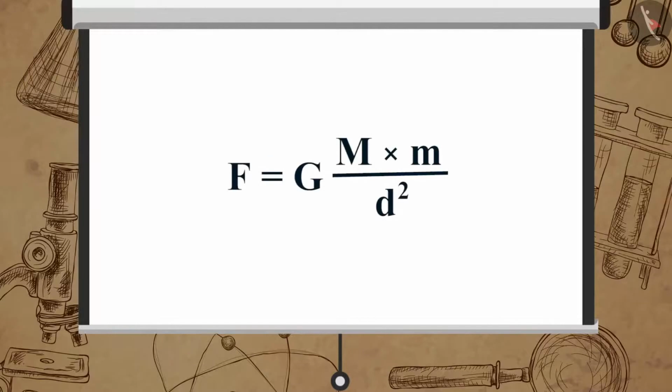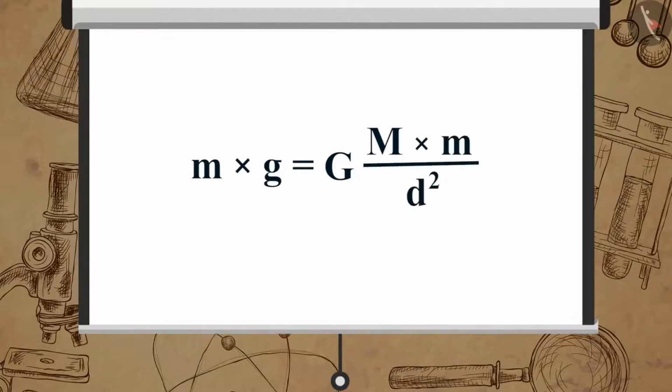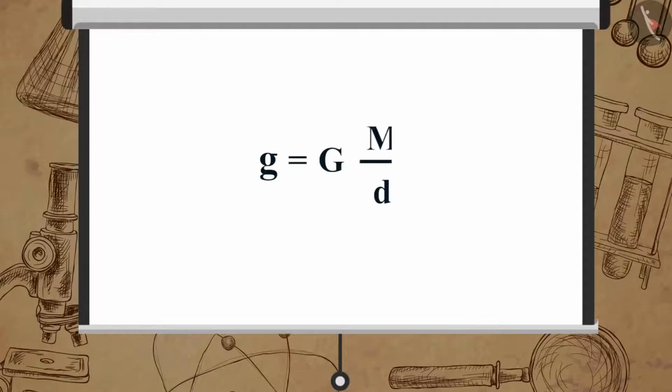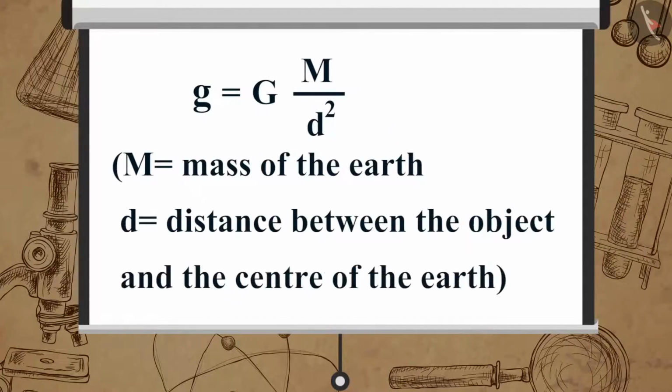As we learned in the previous video, F is equal to G M m upon d square. Therefore, from the previous two equations, we can write m g is equal to G M m upon d square, or g is equal to G M upon d square, where M is the mass of the Earth, and d is the distance between the object and the center of the Earth.